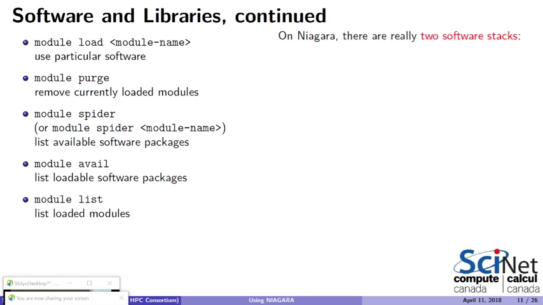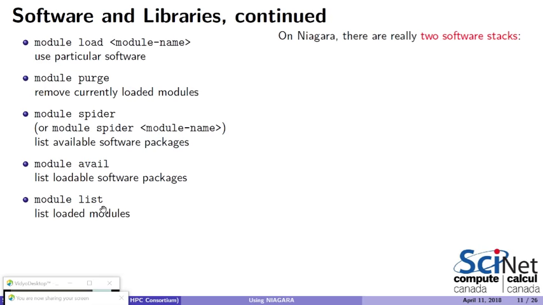There's a snag in using Niagara versus coming from Cedar and Graham, which is that we really have two software stacks. The general purpose clusters, Cedar and Graham, are on purpose very similar, and so they have an identical software stack. Niagara is aimed at large parallel jobs and will, at least initially, have a somewhat different software stack.